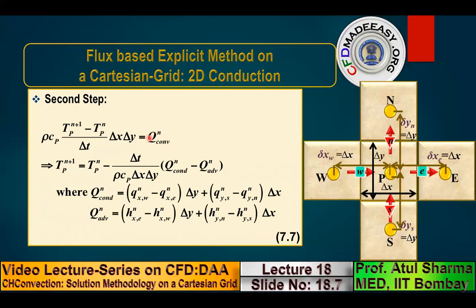Now this total heat gained by convection is equal to the total heat gained by conduction minus the total heat lost by advection. Note that the expression that we have written here for total heat by conduction corresponds to an influx, because here you see west minus east, south minus north, whereas for advection it is east minus west and north minus south.